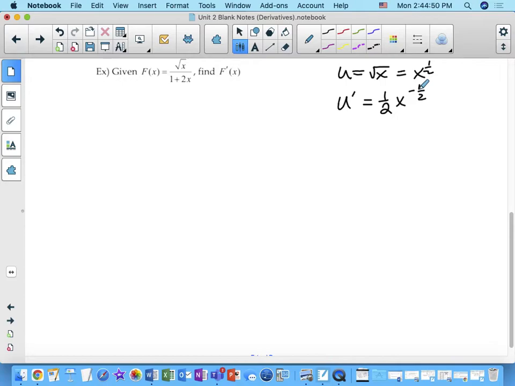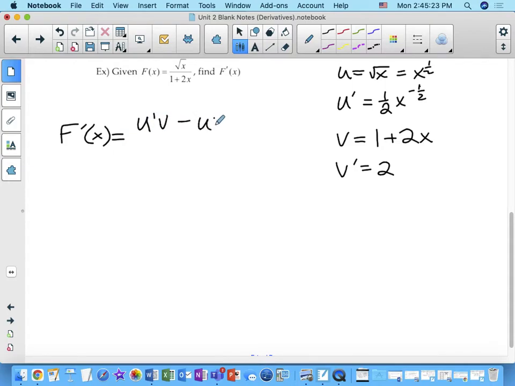Okay, and v is 1 plus 2x, which means v prime is 2. Okay, so to get f prime of x, that's going to be u prime v minus u v prime over v squared.